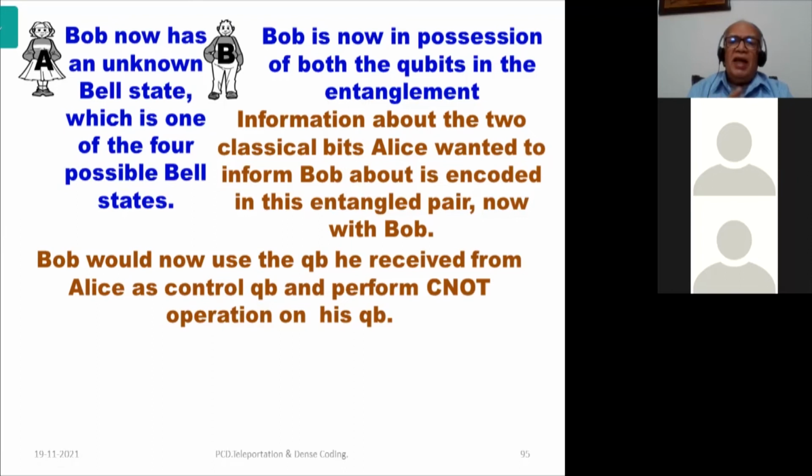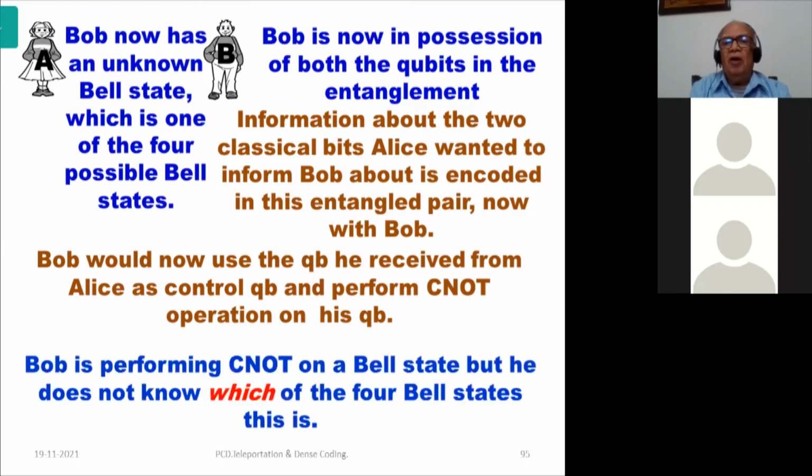And Bob uses that as a control qubit and performs a control NOT operation on his qubit. So Bob effectively has both the qubits, and he uses the one that he has received from Alice as a control qubit, and he performs the control NOT operation on his qubit, which is a 2 qubit operation. And let us see what kind of information he can extract from this.